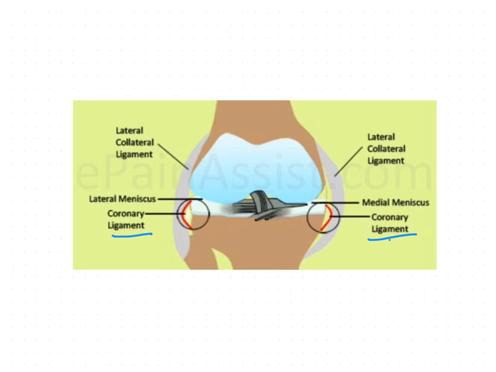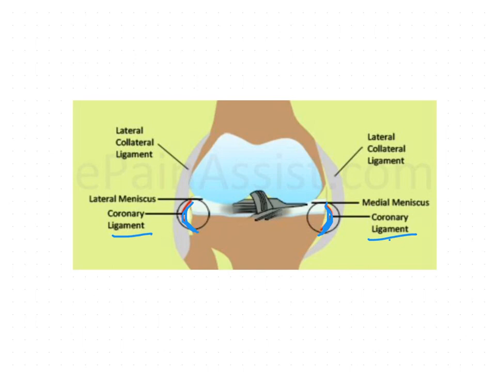The coronary ligaments consist of short ligamentous fibers which connect the peripheral convex margins of the semilunar cartilages with the peripheral margins of the tibial condyle. So this one here is from the medial meniscus, that is, the semilunar cartilage. These are very short ligamentous fibers attaching from the semilunar cartilages to the tibial condyles.